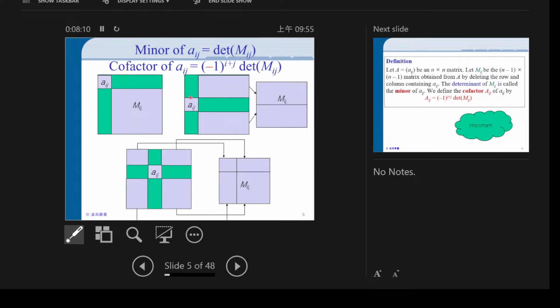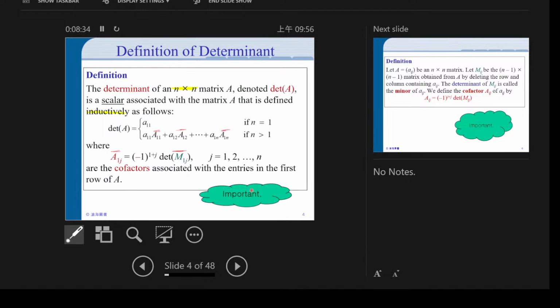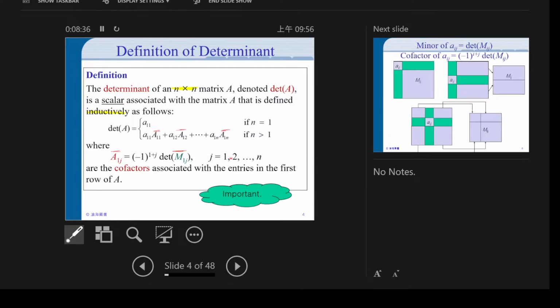If Aij is like here, then we cross out those parts and combine the remaining parts together into Mij. We can also define this for the middle part. If Aij is in the middle, then we can piece together those 4 blocks as a matrix, and this will be the Mij. Okay, so this is how we define Mij, and now we can go back to look at this recursive relation.